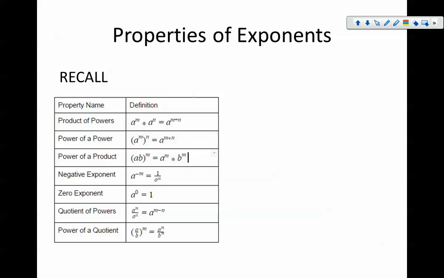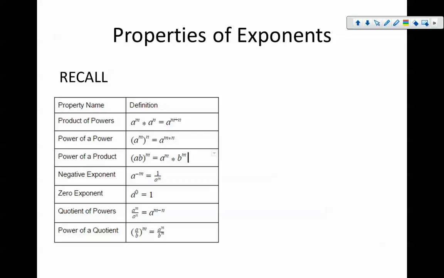When we multiply variables or numbers with the same base, we add the exponents. When we have a power to a power, we multiply the exponents. When there are two numbers or two variables inside the parentheses, they both get that power. A negative exponent flips it upside down.